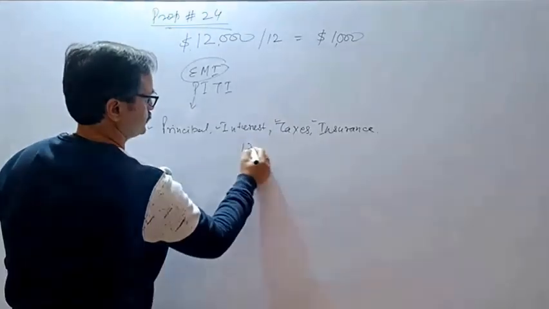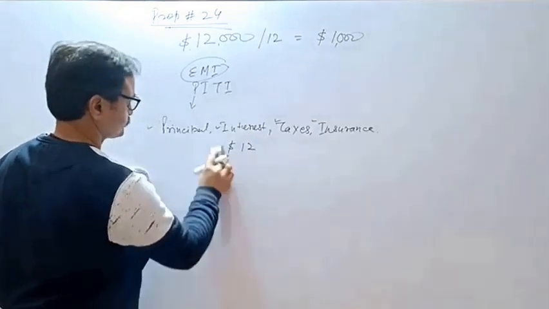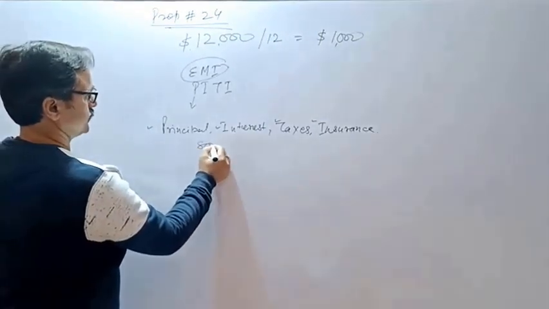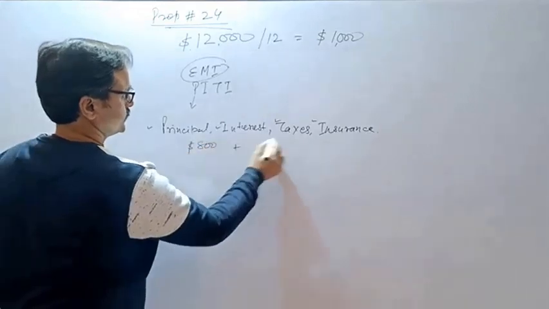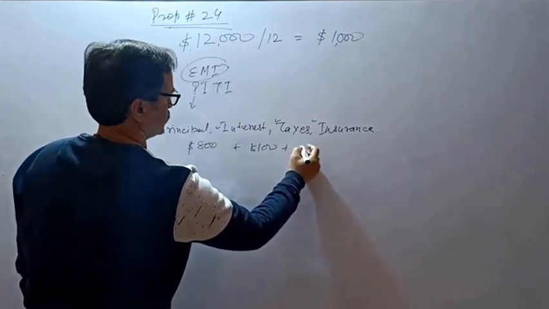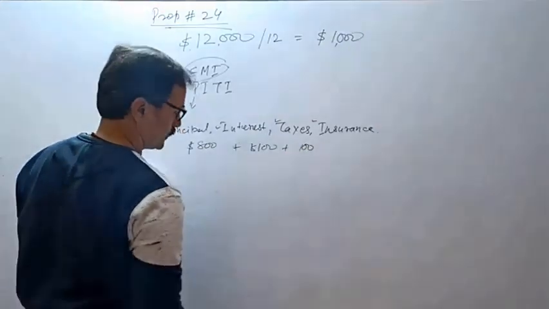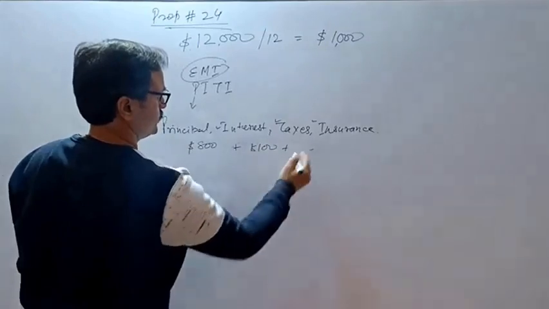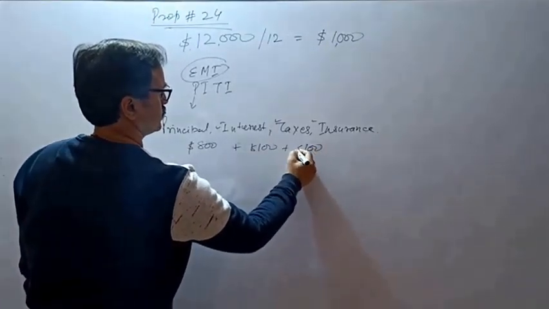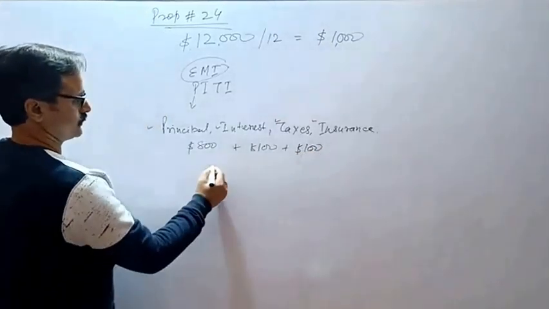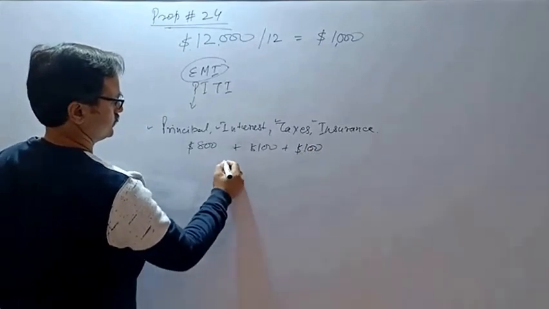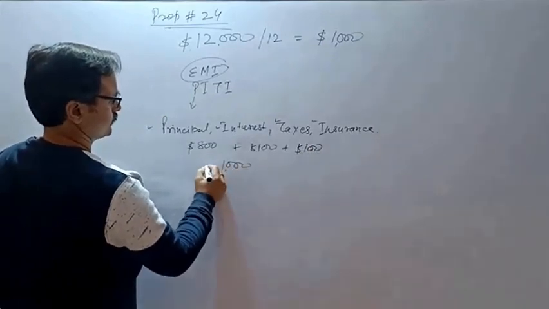But if somebody is paying, let's say, principal and interest of almost $800 per month, plus taxes of $100 per month, plus maybe $100 insurance, what is the total amount? 800 plus 100 plus 100 is 1,000.